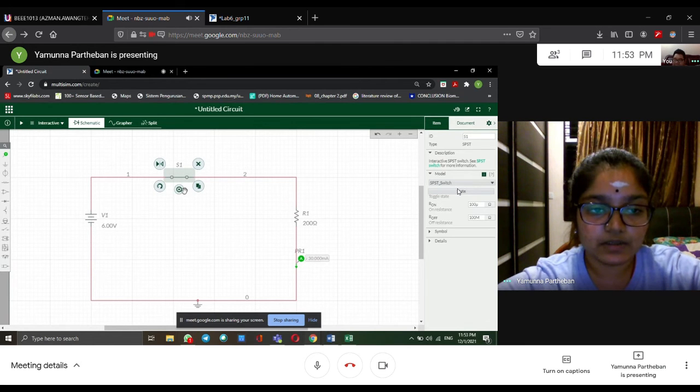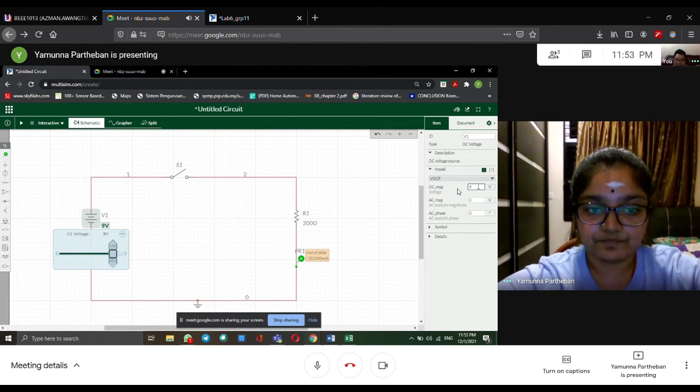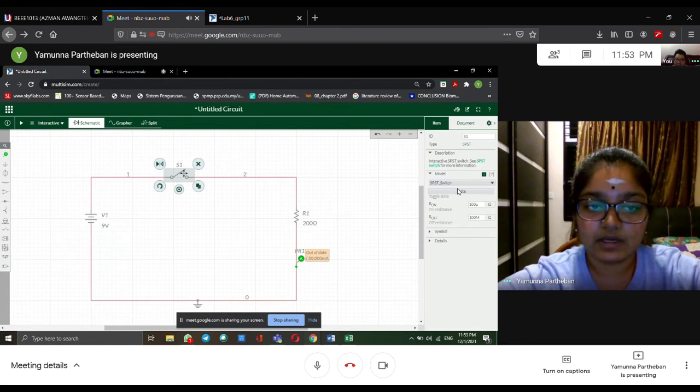Okay, next, 9 volt. The resistor remains the same.